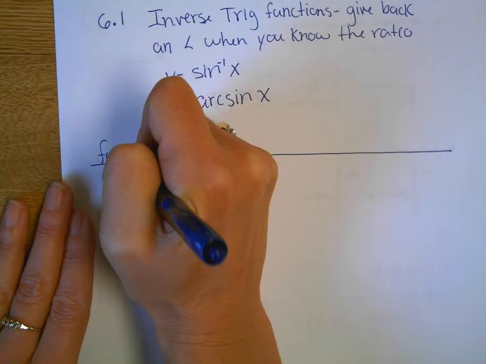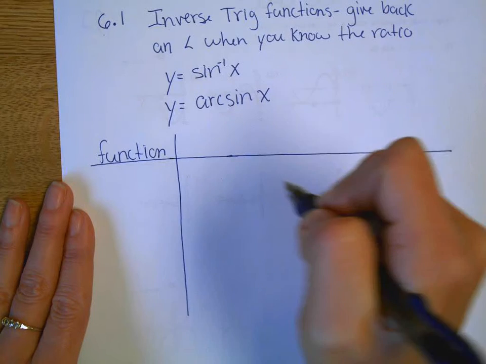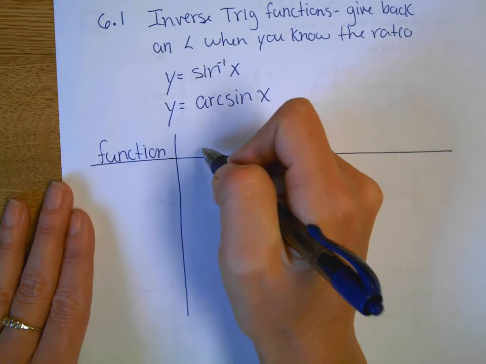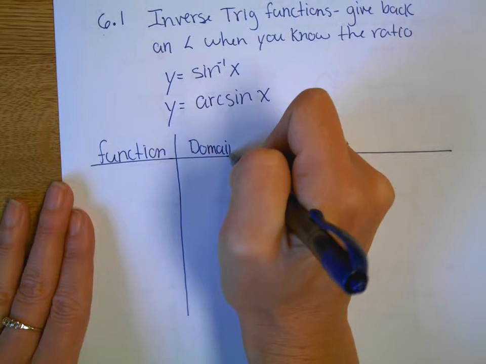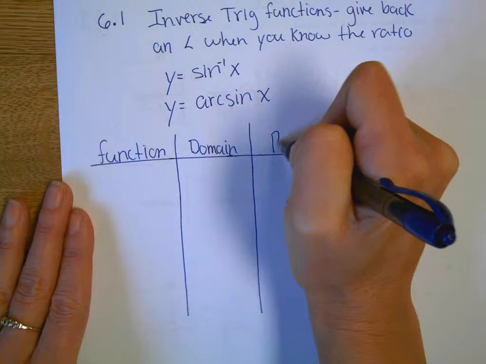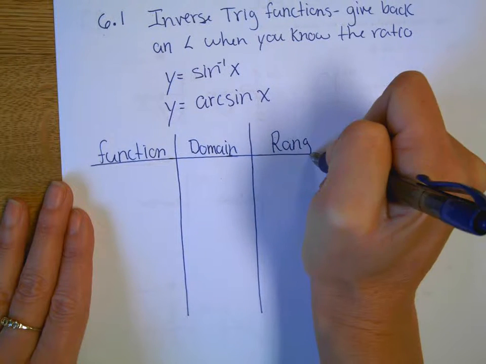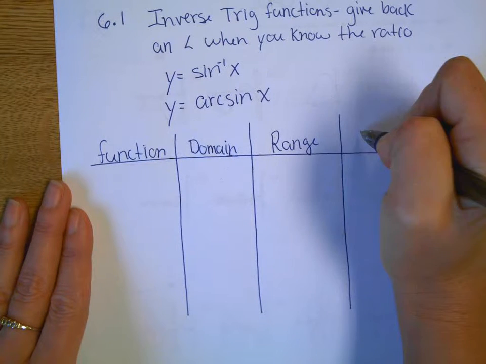Here's the function. I'm not going to bother with the domain because I know you don't care. We're going to leave that one blank. But the range and the quadrants on the unit circle you're going to need.